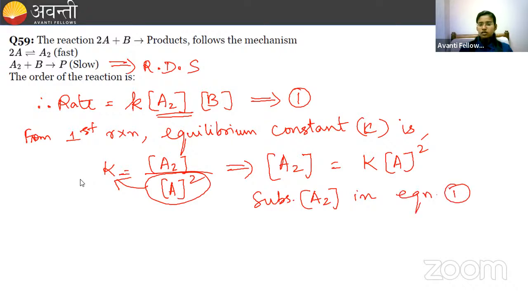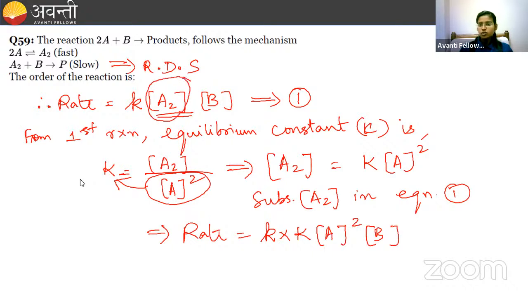So it will give the rate is equal to small k into capital K into A square into the concentration of B. Okay. So in place of concentration of A2, I have substituted this. Now the small k into capital K can be written as K dash.